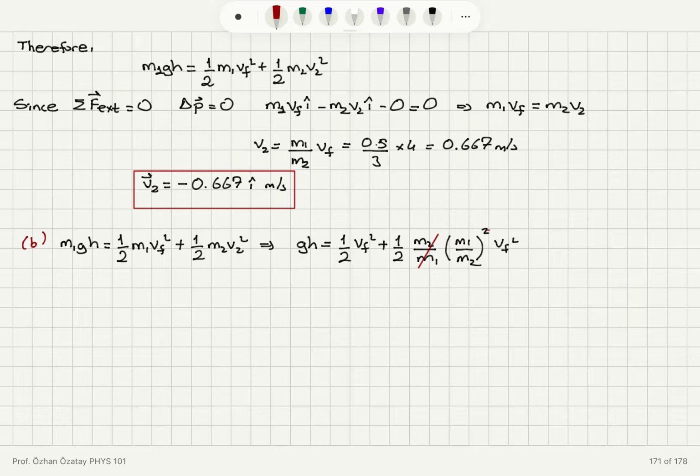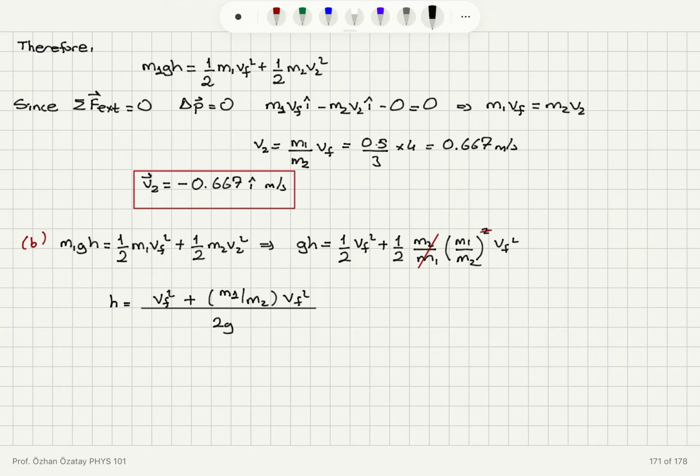so I'm going to be left with just a single m1 over m2, and h can be obtained as v final squared plus m1 over m2 v final squared, divided by 2g.